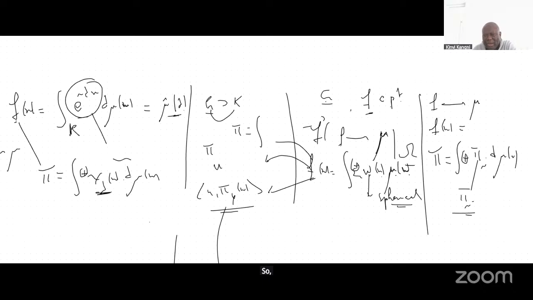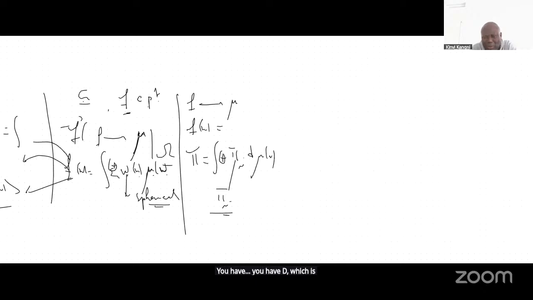So today, I will suppose that G is just a locally compact group, and I pick also K, a compact subgroup of G, such that the pair is not a Gelfand pair.